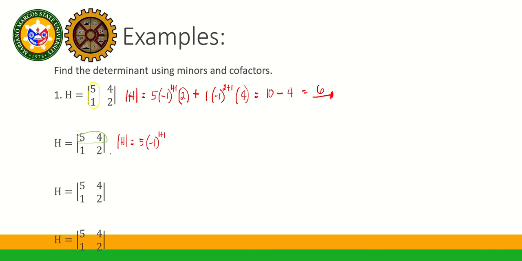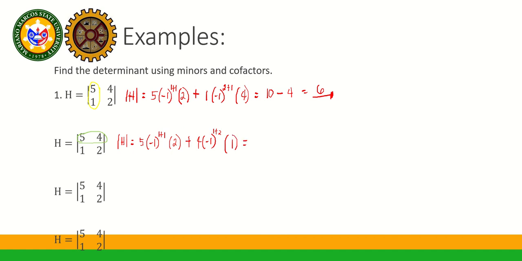And then 2 multiplied by 2 sa minor niya, and then plus 4 times negative 1. This is row 1 and column 2. So 1 plus 2 times, pag tinanggal natin yan, minor niya will be si 1.